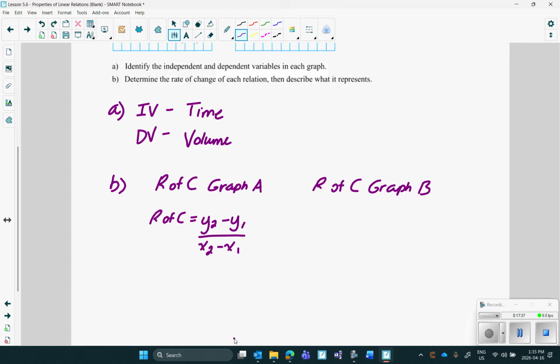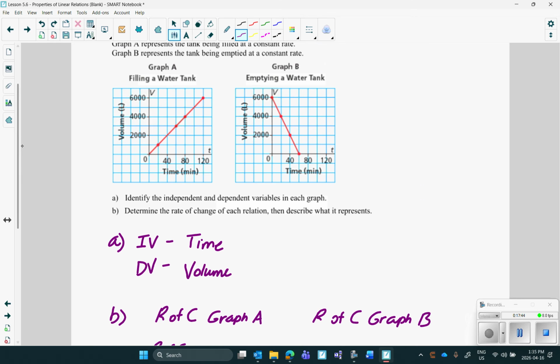So you need a couple of points. From graph A, give me a couple of points. Give me a really easy one to work with. It's a coordinate, it has two numbers. 0, 0.